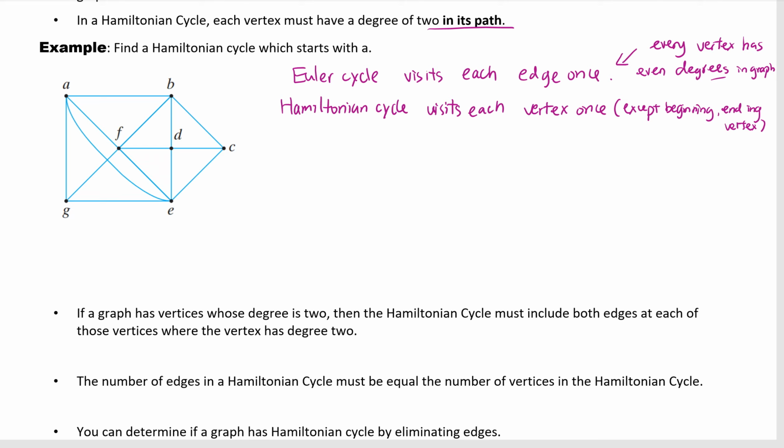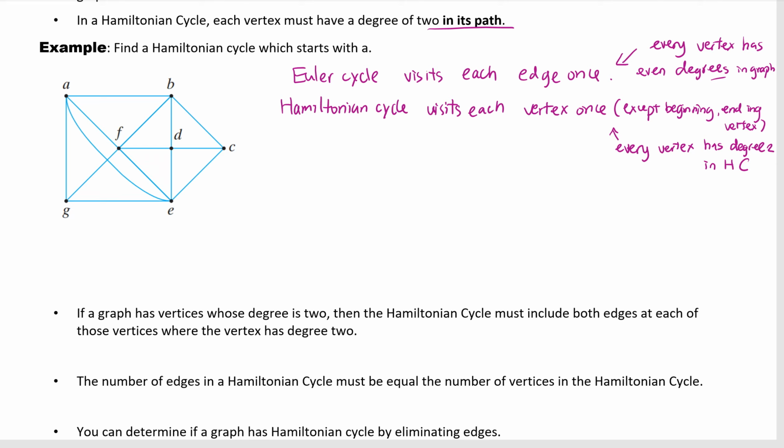But for a Hamiltonian cycle, every vertex has degree 2 in the Hamiltonian cycle. It's not degree 2 in the graph, it's degree 2 in the Hamiltonian cycle. So let's look at this picture. Do we have an Euler cycle?